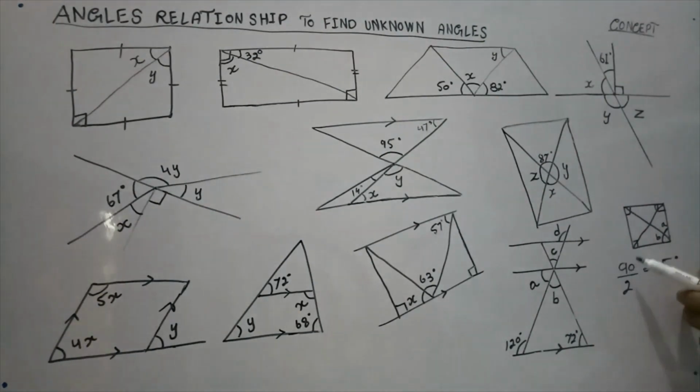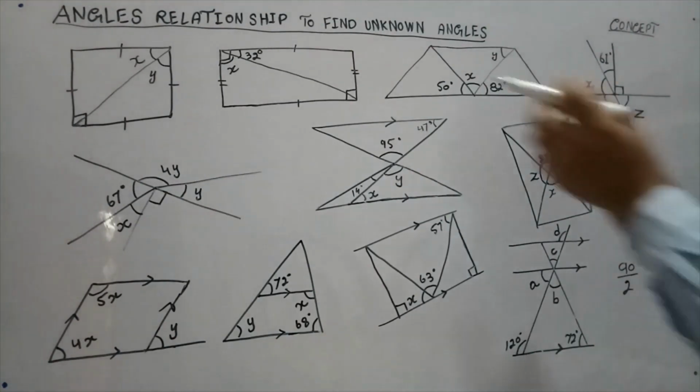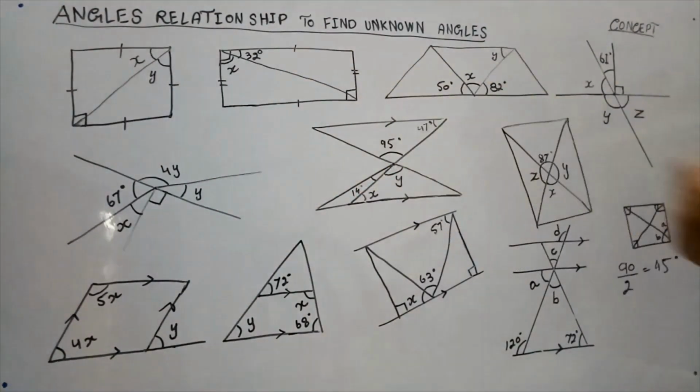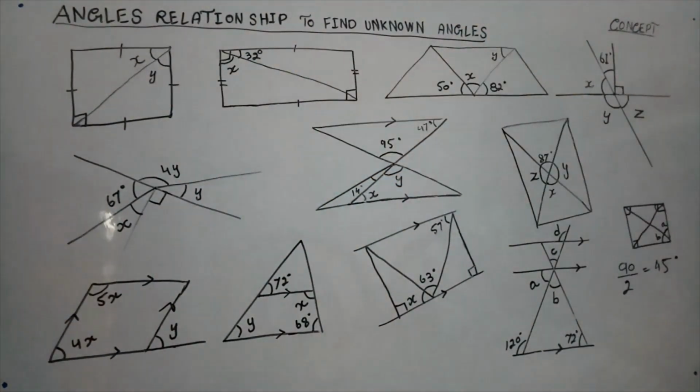So we divide 90 by 2, and 45 is the angle. Here the value of angle X is 45 and angle Y is also 45, in a square.